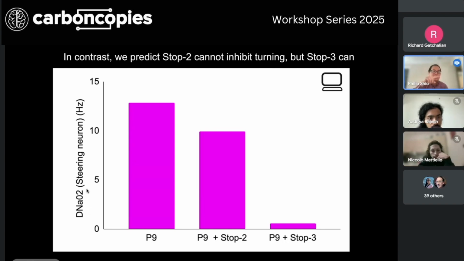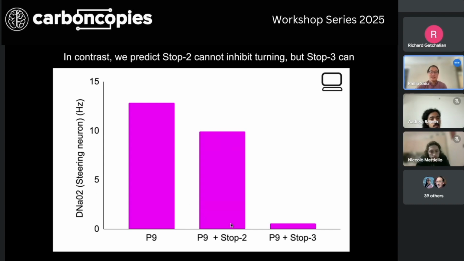So this is the steering neuron that controls turning. What's quite interesting is that when we activate STOP3, this completely eliminates DNAO2. So the prediction then is the fly would stop.